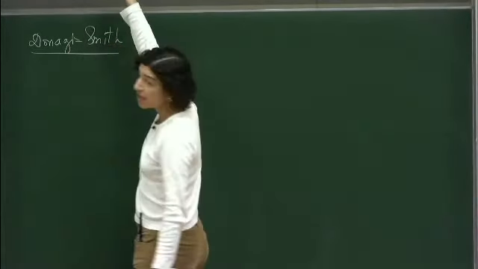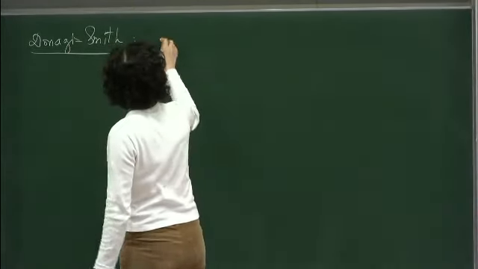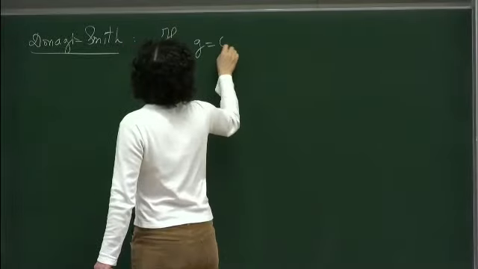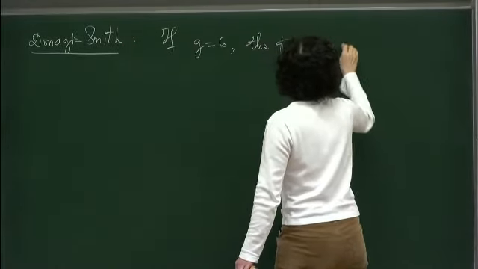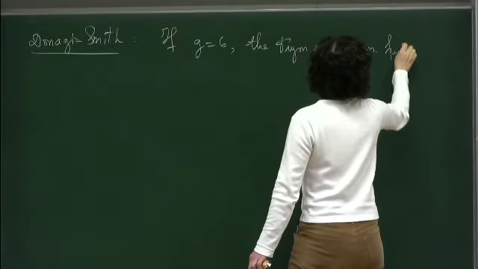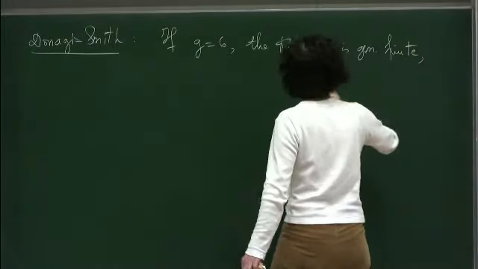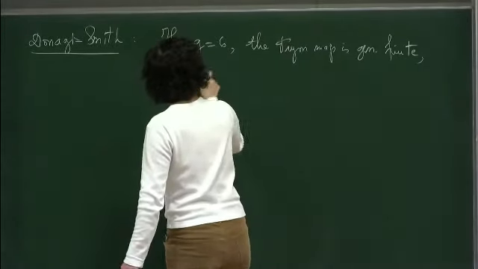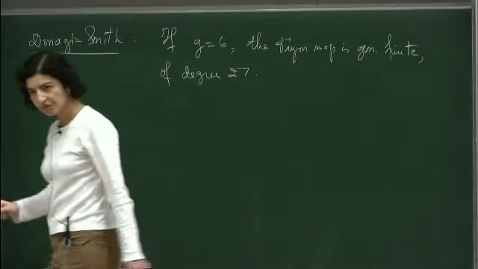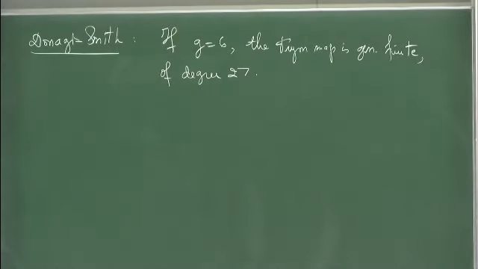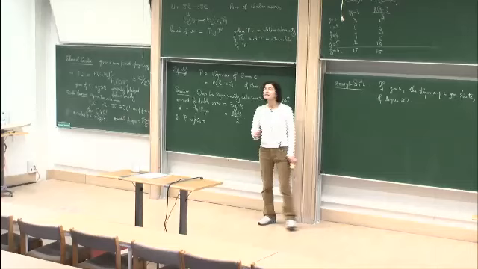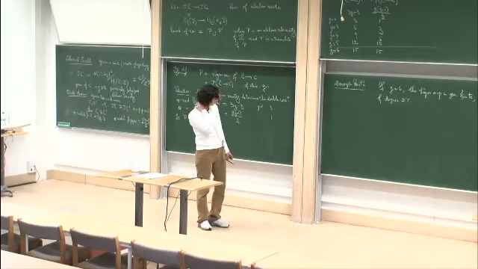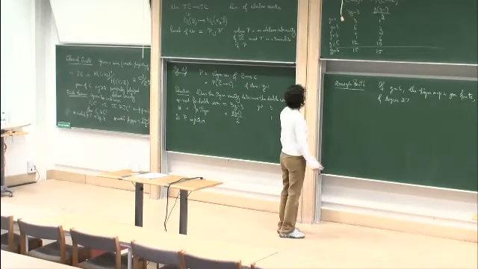The Prym map is generically finite in this case, and the degree is 27. And you can produce a bijection between the 27 points in the fiber and the 27 lines in the cubic surface. So it's not true in that case.